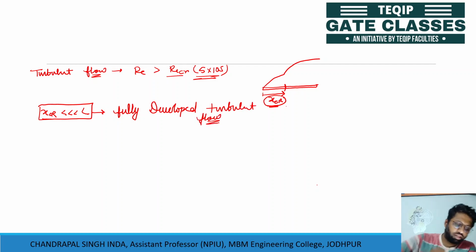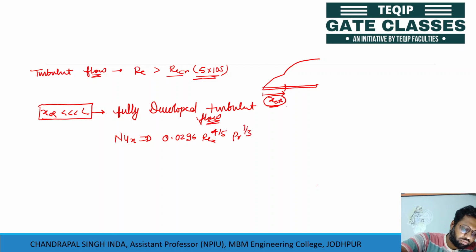And for this we had the empirical relationship that the local Nusselt number is equal to 0.0296 Reynolds power 4 by 5 and Prandtl power 1 by 3. According to this, hx, the local convective heat transfer coefficient, is proportional to x raised to minus 1 by 5.